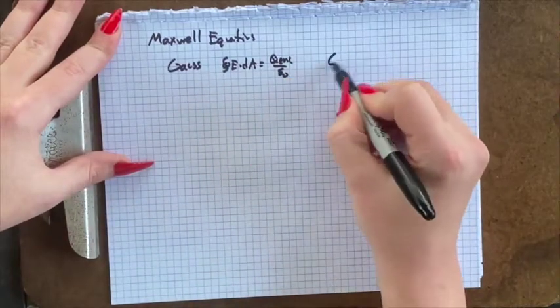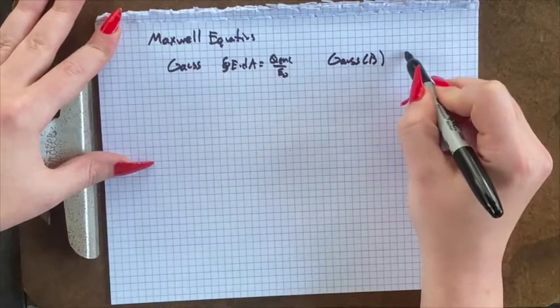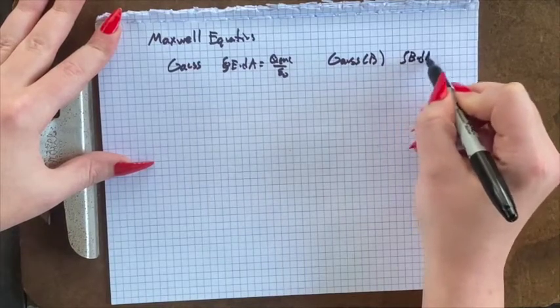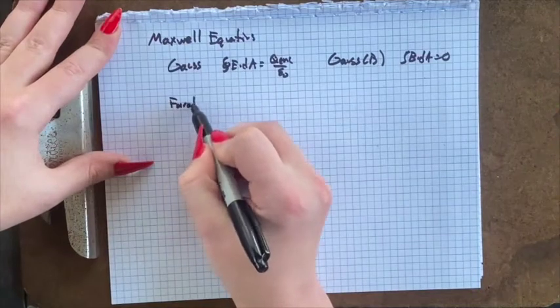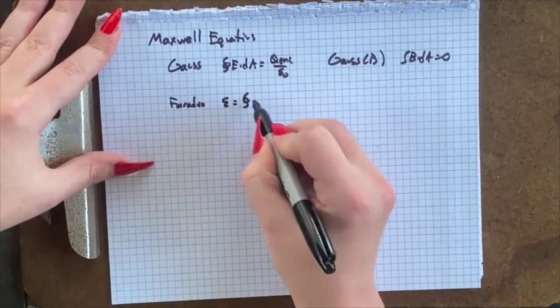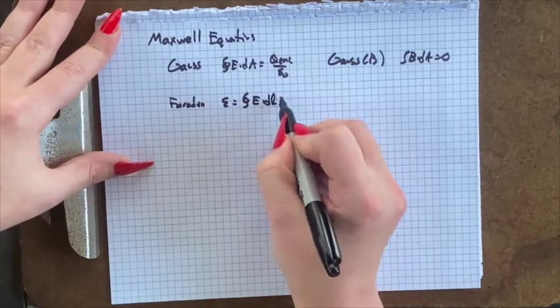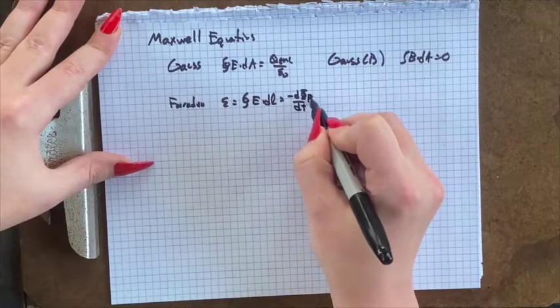We've got the true magnetic one, where we just say that B dot dA is 0. We've got the true Faraday's law that, you know, the EMF, or in the formal sense, E dot dL, is negative d phi dt, where that's magnetic.